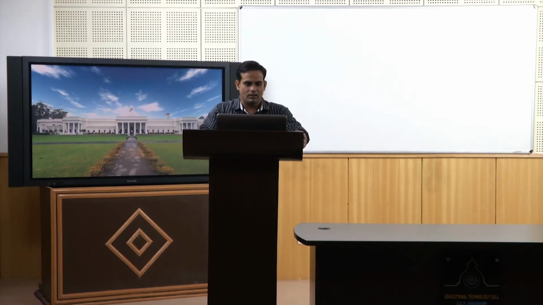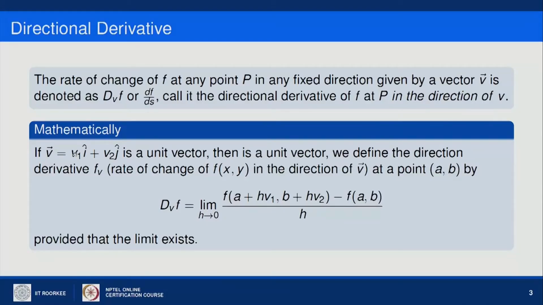Mathematically, if v is a vector having components v1 and v2 along the i and j directions respectively, and it is a unit vector, we define the directional derivative, the rate of change of f in the direction of v at a point (a, b), by a limiting definition.